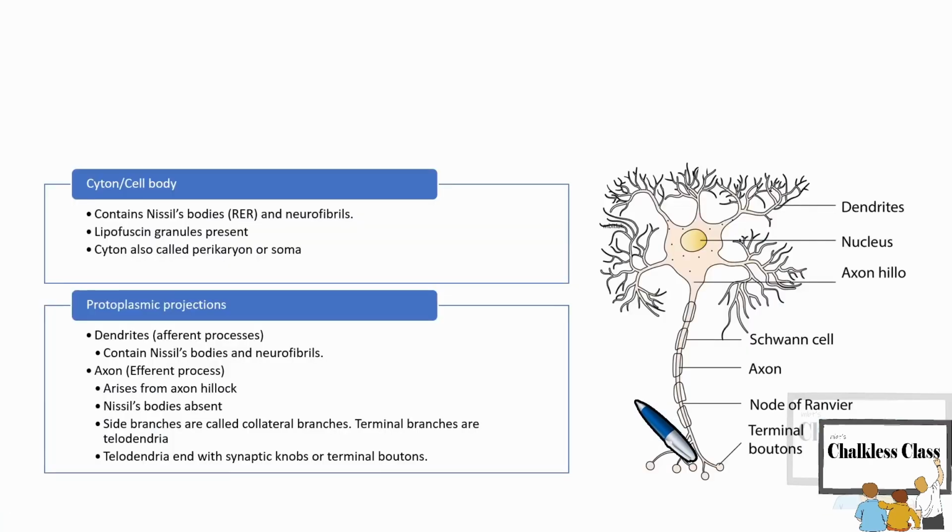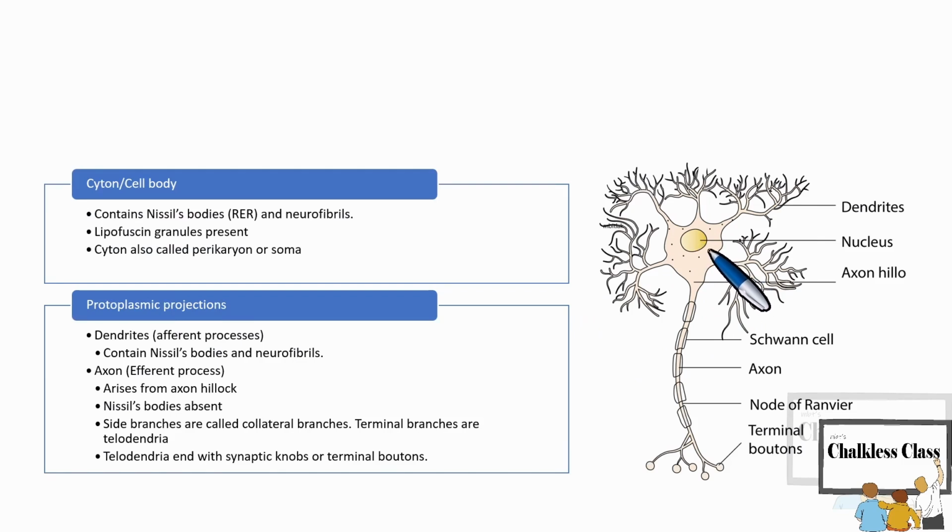Now, let us take a neuron. A neuron has two parts. One is the cell body, also called cyton, and the other is the protoplasmic projections. First, the cyton or cell body. In this cell, the cytoplasm is called neuroplasm. It has a single nucleus.